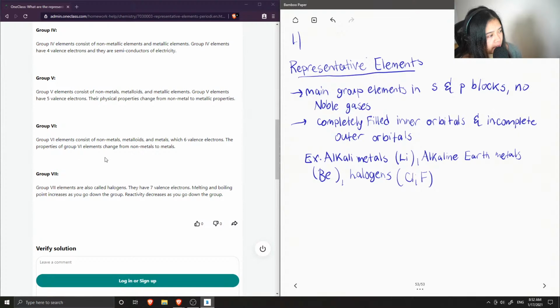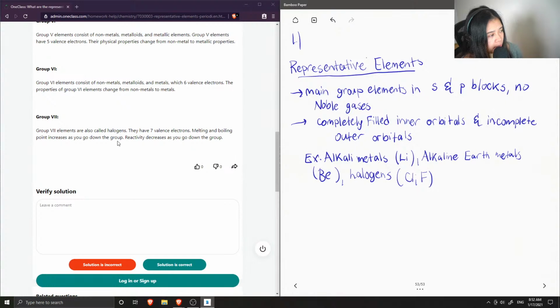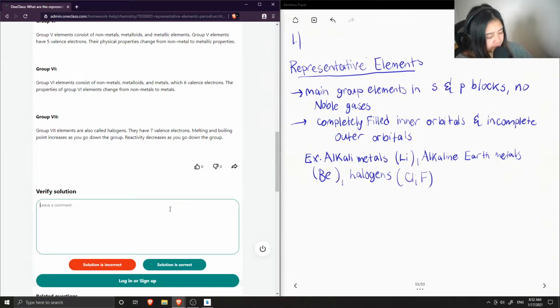The properties range, so that's why they have different types, for example oxygen and sulfur. And then for group 7, these are the halogens. Melting and boiling point increases as you go down the group, and reactivity decreases as you go down the group. So this is like our fluorine, chlorine, and bromine. So this solution is correct.